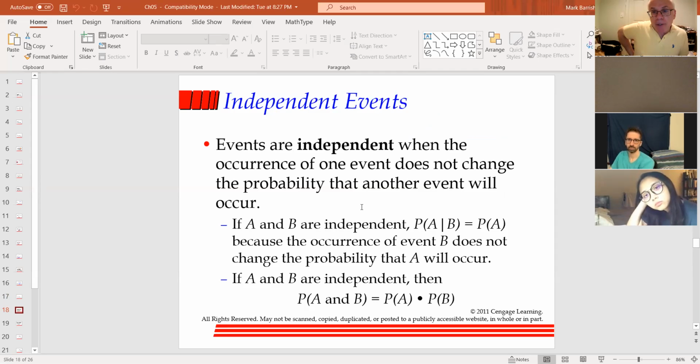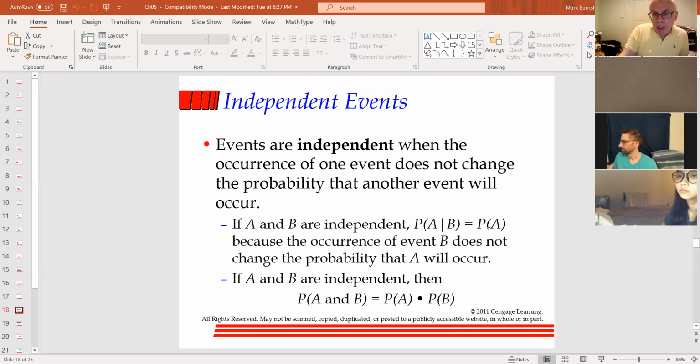If events are independent of one another, what does that mean? That means the marginal probability of A does not change when the event B shows up. That is, if A and B are independent, the probability of A given B is the probability of A. It hasn't changed. In other words, the information that B provides does not alter the probability of A. So that's called being independent of one another.